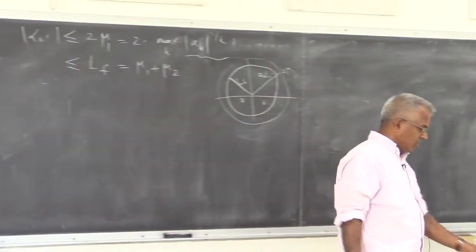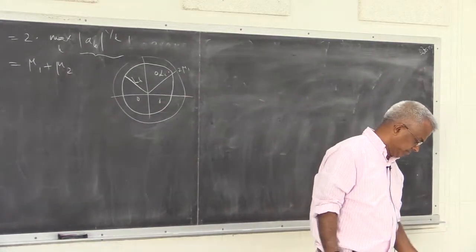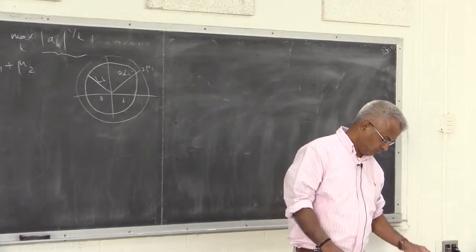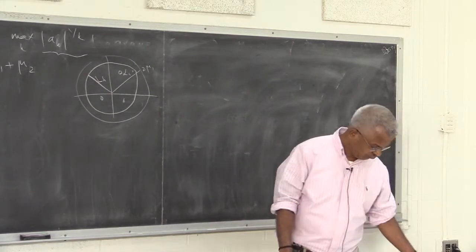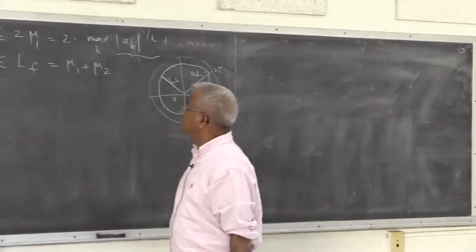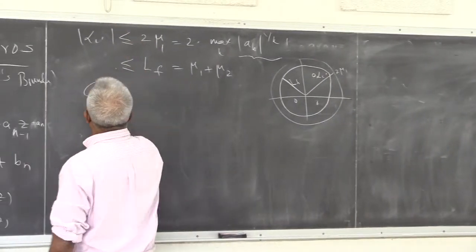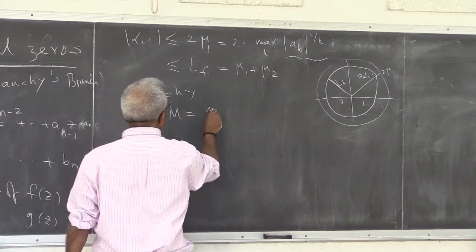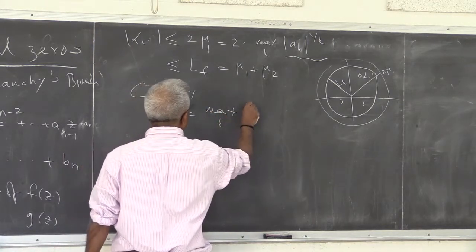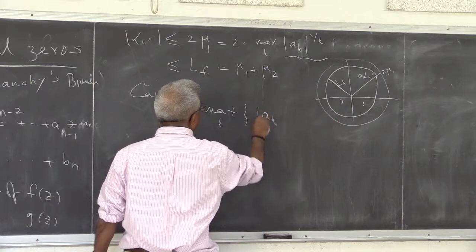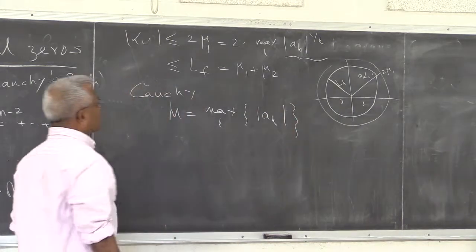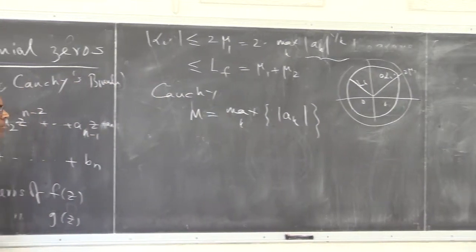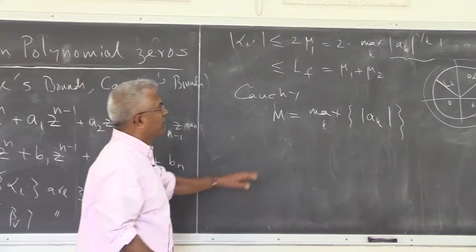Now Cauchy's result goes slightly differently. So define M to be the maximum of the absolute values of ak.